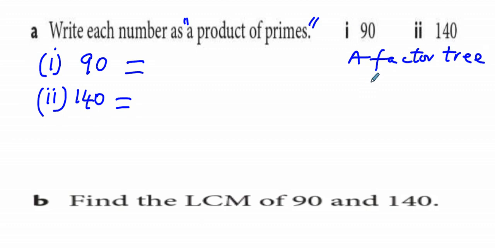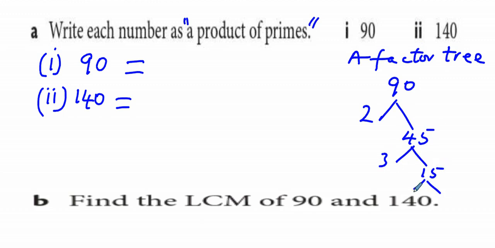So starting with 90, this will be 2 times 45. This will be 3 times 15. And this will be 3 times 5. See that? So as a product of its primes, 2 times 3 times 3 times 5. So far so good. For 140, we do the same thing.